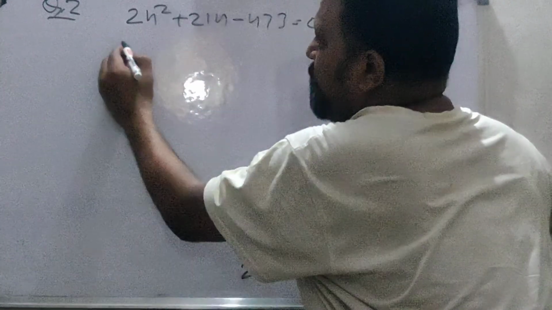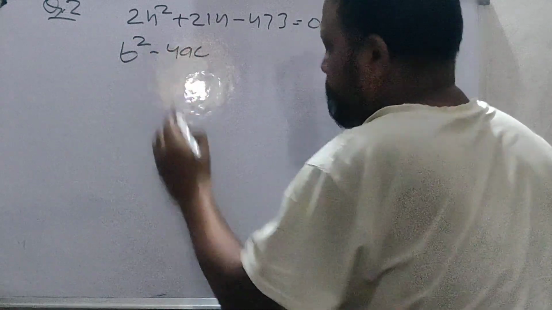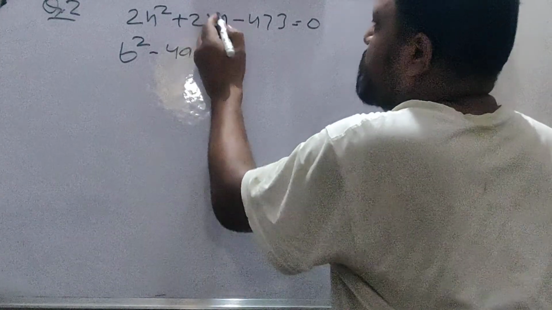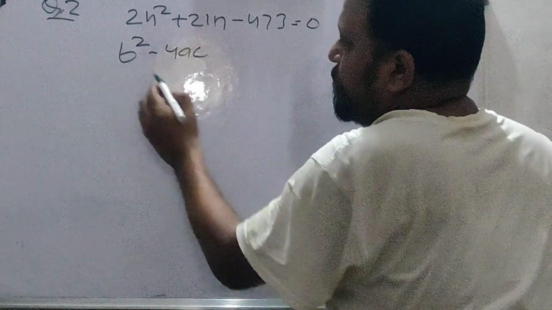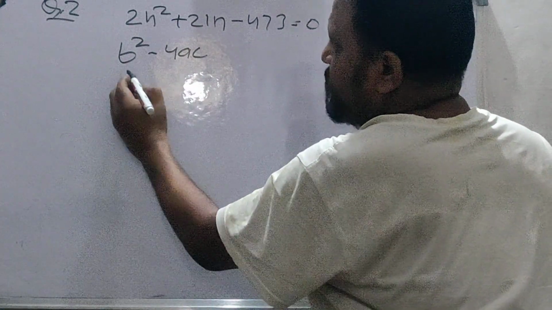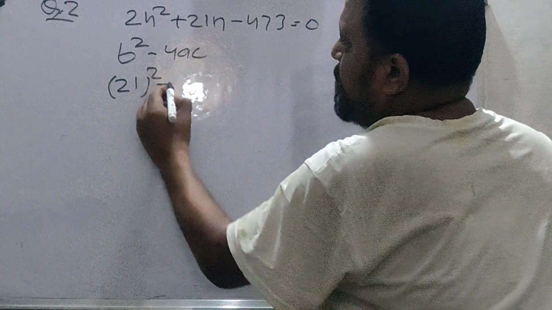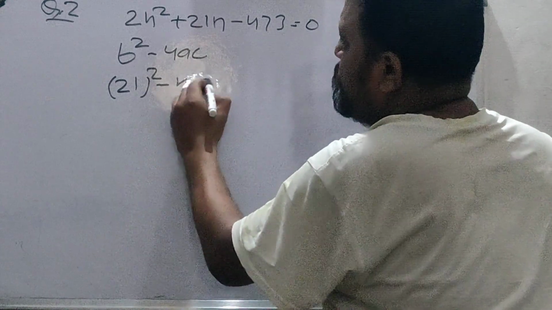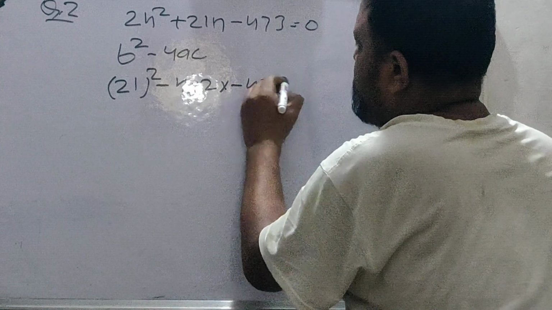Now b square minus 4ac, where b is equal to 21, so 21 whole square minus 4 into 2 into minus 473.